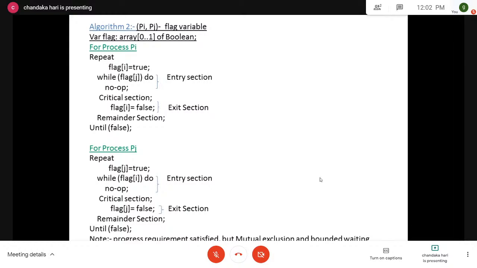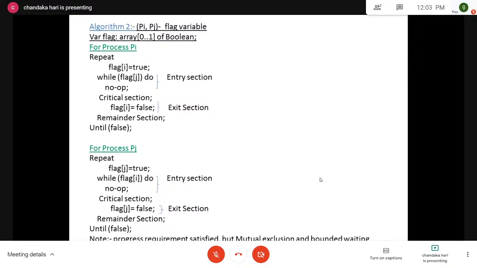If flag J is already true before me, I am not eligible for executing the critical section, so no operation. If flag J is not true, then I am allowed into the critical section. Once my task is complete, I will make my flag false again. Now I am not in competition.